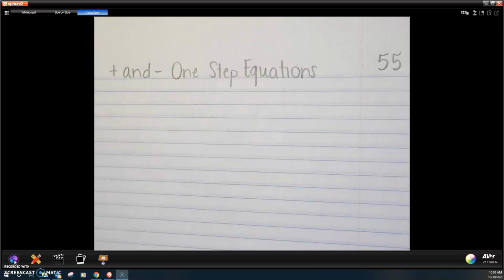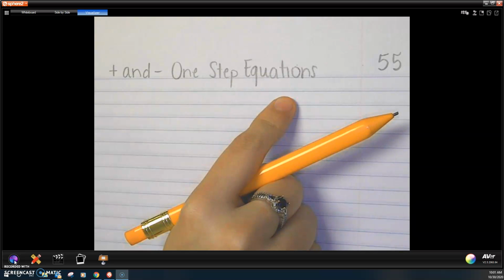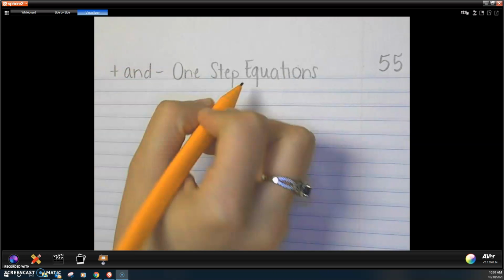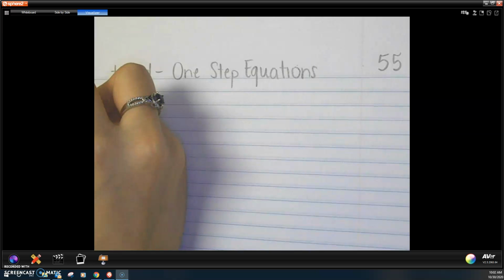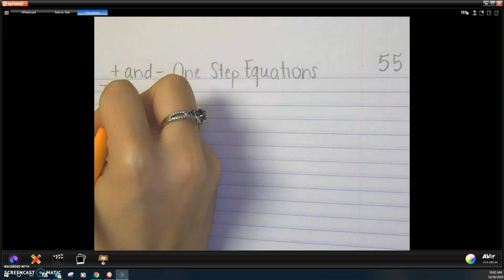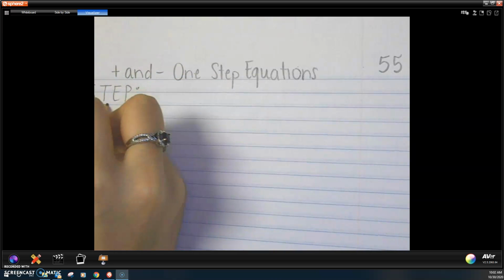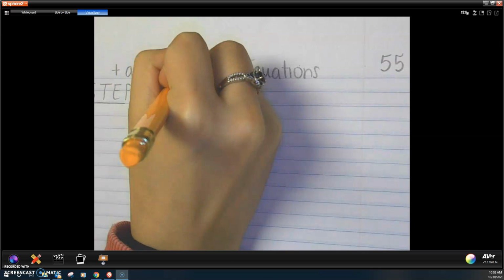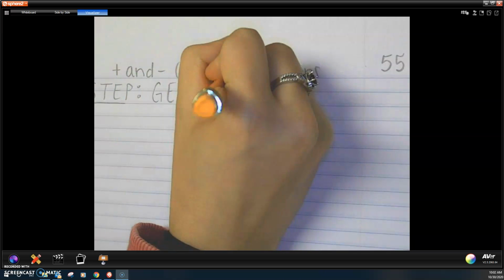So we know what equations are. We know that equations have an equal sign, and they give us an answer. So today, since we're only talking about one-step equations, there is only one step. And that step and our goal, this is what we want, is to get our variable by itself.